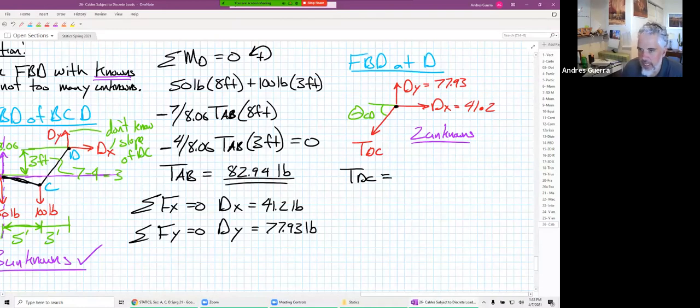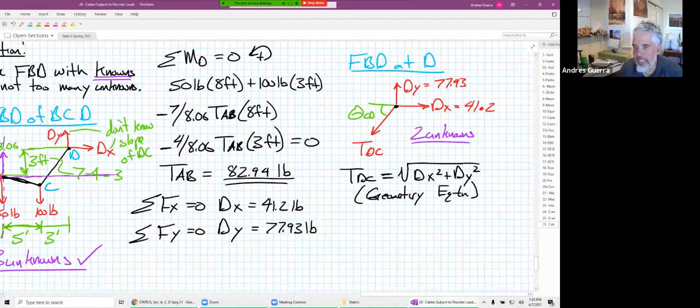And so this is not an equilibrium. This is really more of a geometry thing, that TDC is going to be the square root of dx squared plus dy squared. So this is really a geometry equation, not an equilibrium equation. But isn't TDC going to have the same line of action as dx and dy? And if it has the same line of action, then the components of TDC are going to be exactly the same as dx and dy.